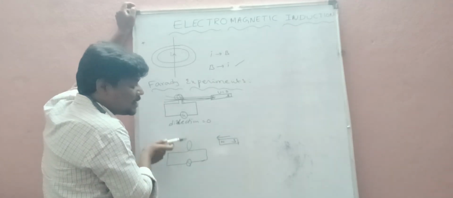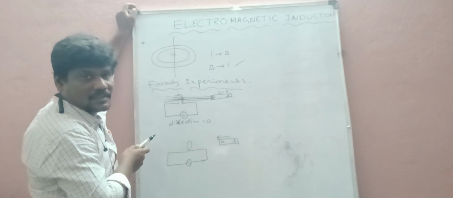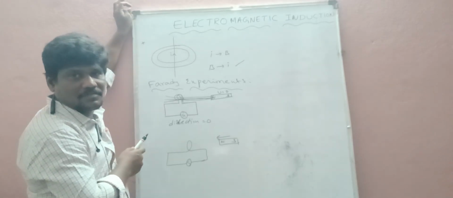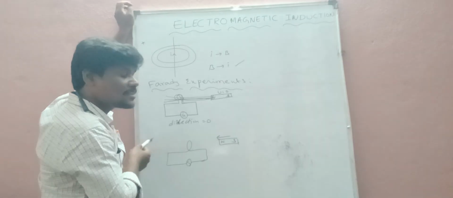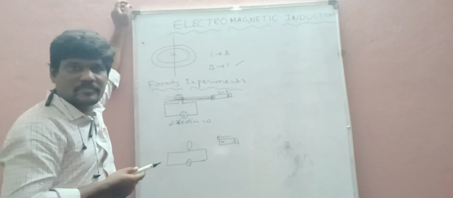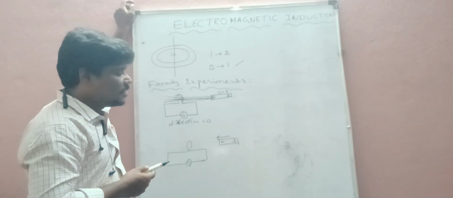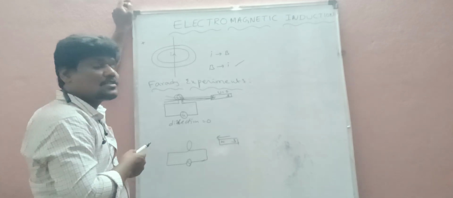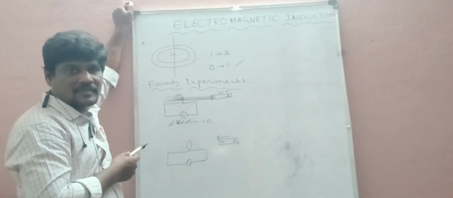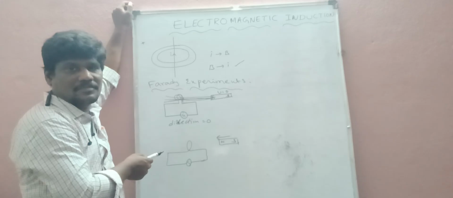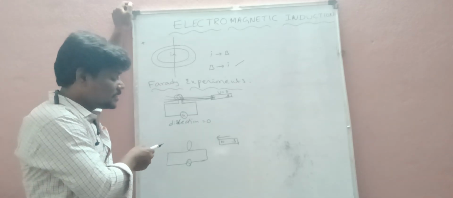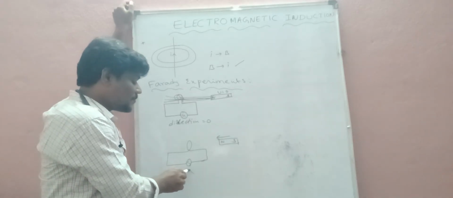The magnetic field linked with the coil increases. When the magnetic field changes, the magnetic flux also changes. Due to that change in magnetic flux, some current is induced in the coil. Due to that current, the galvanometer shows the deflection.